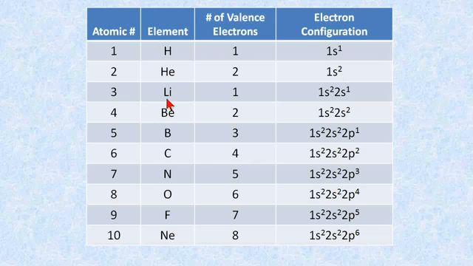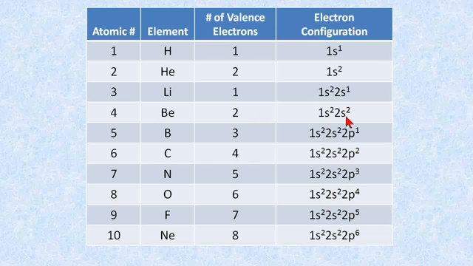When we get to lithium, it has 1s2, which is the first shell it fills. Then it fills the next shell, and it fills the s subshell right here with 1 electron. In other words, it'll have 1 electron in this outer valence shell, which is what this is here.